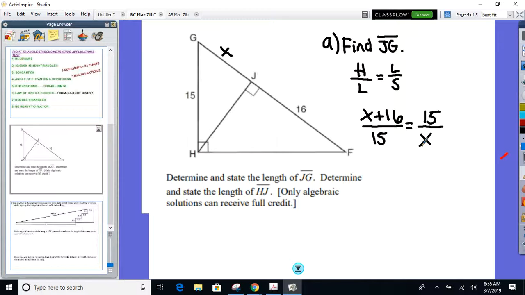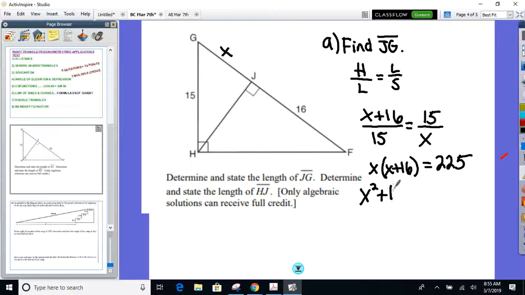Okay, cross multiply. X times X plus 16 is equal to 225. And yeah, you're going to see what you're going to have to do here. This is why I picked it, because you might have to do it tomorrow.